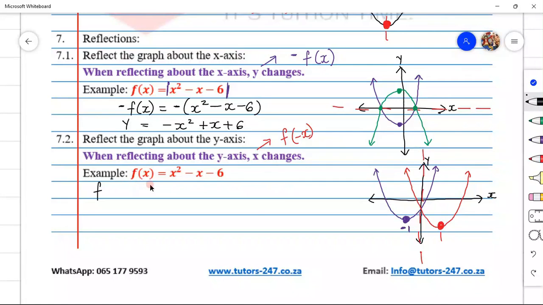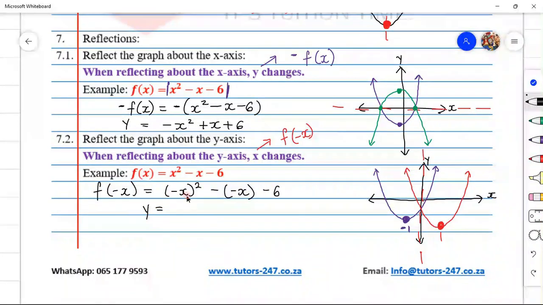So we need to reflect x squared minus x minus 6 about the y-axis. So all we are going to do is, where we have x, substitute it with, in brackets, negative x. So here we have x, so we're going to substitute it with negative x and then squared, minus, now here we have x, so we substitute it with brackets negative x, and this -6 doesn't have any x, so we write it as is.